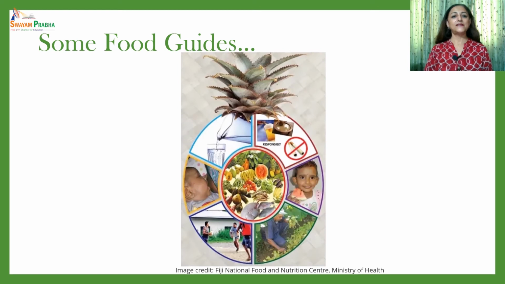This is Fiji's pineapple shaped food guide. This is more of a healthy lifestyle guide. In addition to urging people to eat fruits, vegetables, tubers, and proteins, these guidelines suggest and highlight the importance of exercise and drinking water.